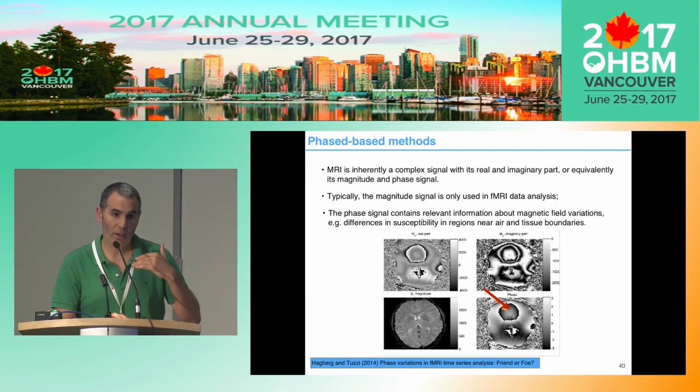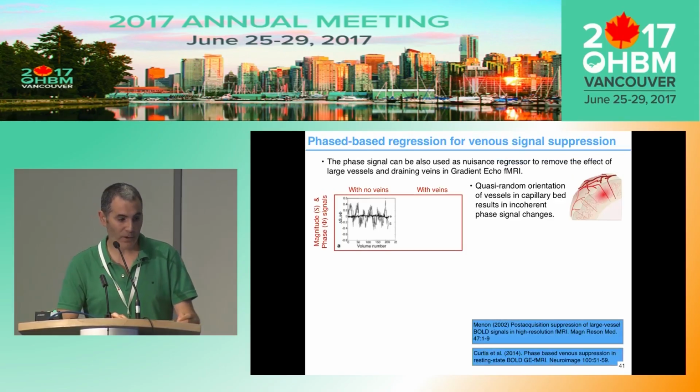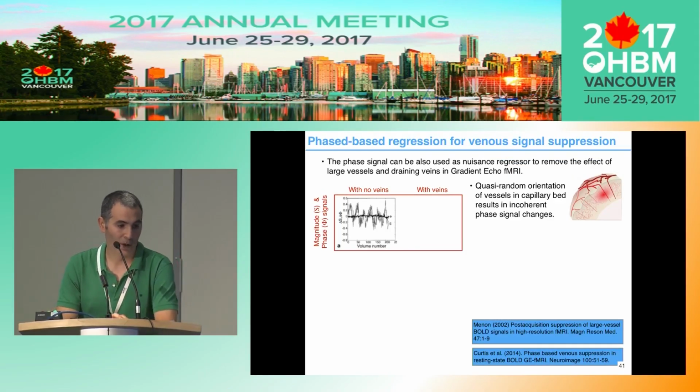But we usually neglect that information. But in terms of denoising, it can help us to remove the effect of large vessels and draining veins in gradient echo fMRI.